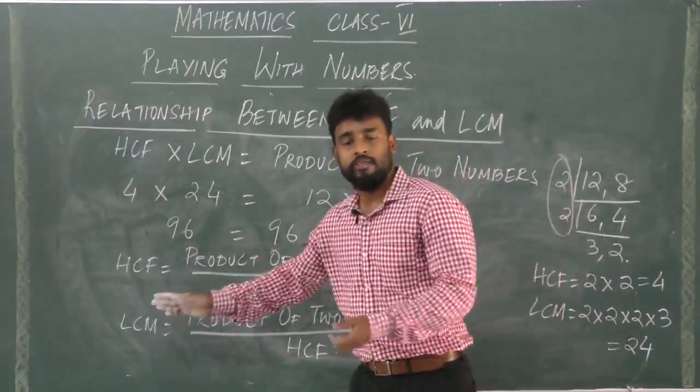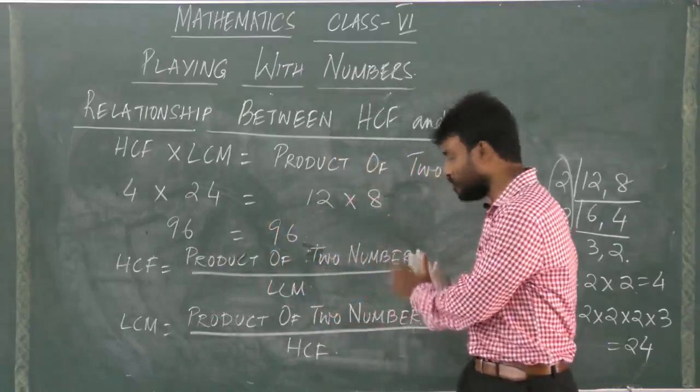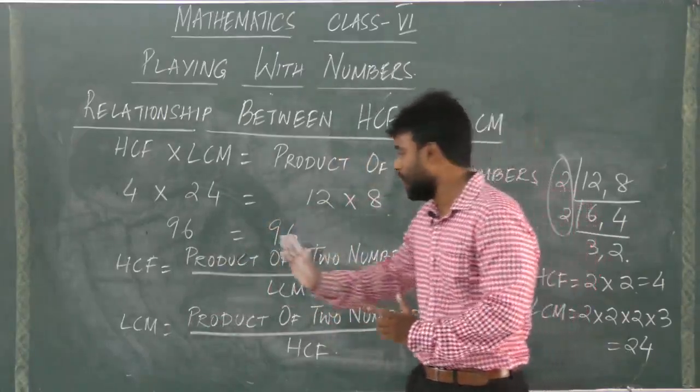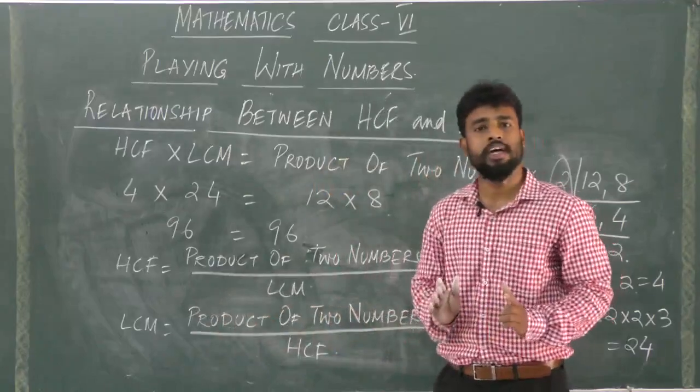And when we want to find out LCM, when the product of two numbers and SCF is given, in that case LCM will be the product of two numbers divided by SCF.